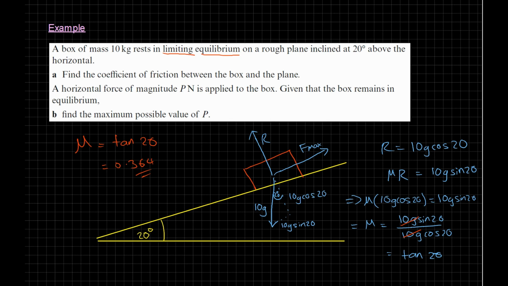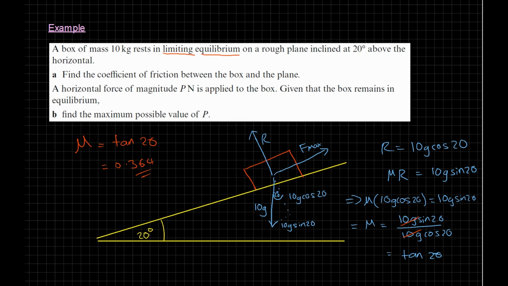So if you wanted to, you could put your pencil case on a plank of wood, something similar, and tilt it. Once the pencil case starts slipping, what is that angle? Do tan of the angle. There's your coefficient of friction between pencil case and plank of wood, or any other two objects that you might choose to use. Okay, it's quite an interesting little result.